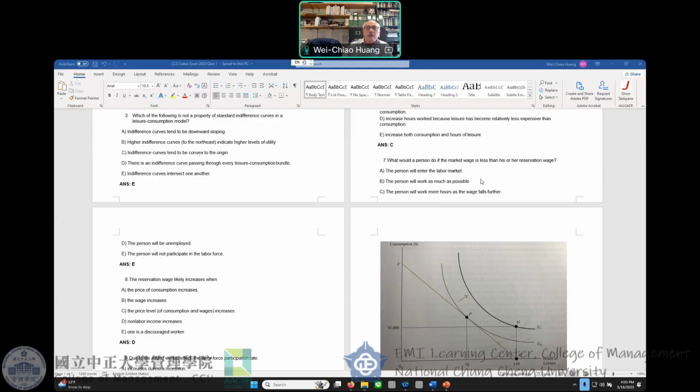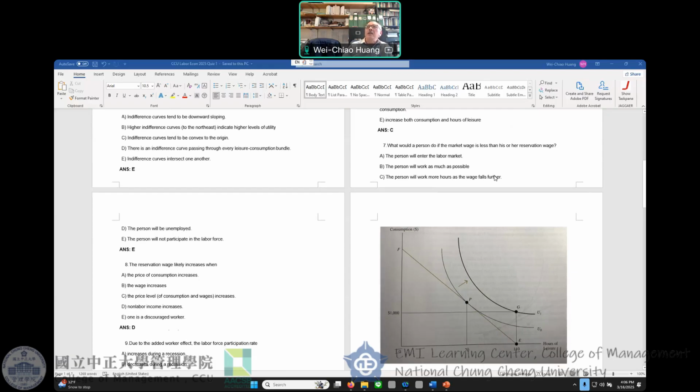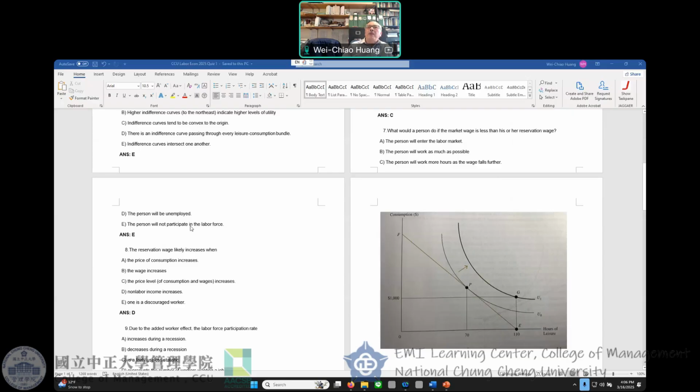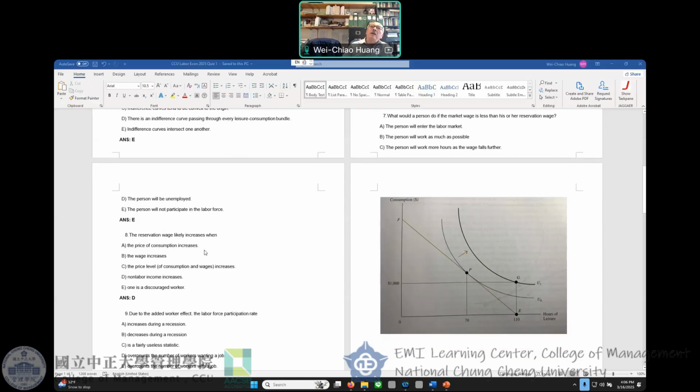I also mentioned this in my last lecture in person with you, I guess Friday, March 7, that reservation wage is the minimum required compensation for the person to be willing to participate in the labor market. So when the market wage is even less than the reservation wage, the person is not going to participate in the labor market. So the answer is E, this person will not participate in the labor force. Right?